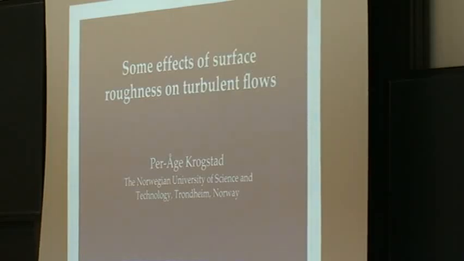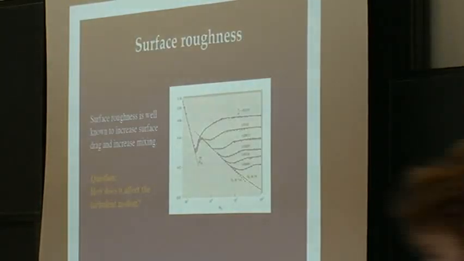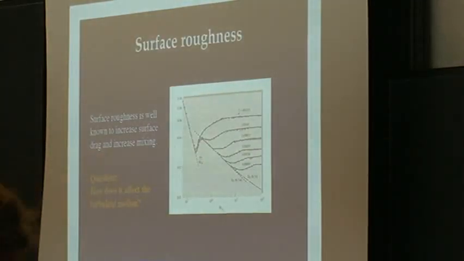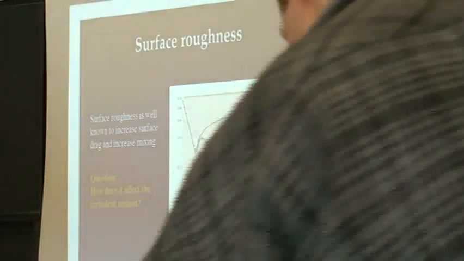And again, we started something which was rather difficult, and I think we still think it's rather difficult. And maybe we don't have very many extra answers 20 years later than we had when this was a topic. But I'll talk a little bit about what we know about surface roughness effects.